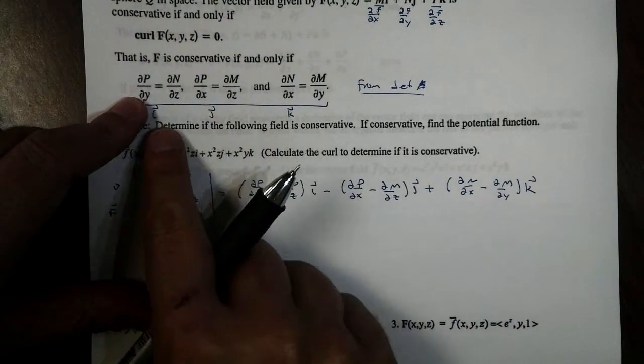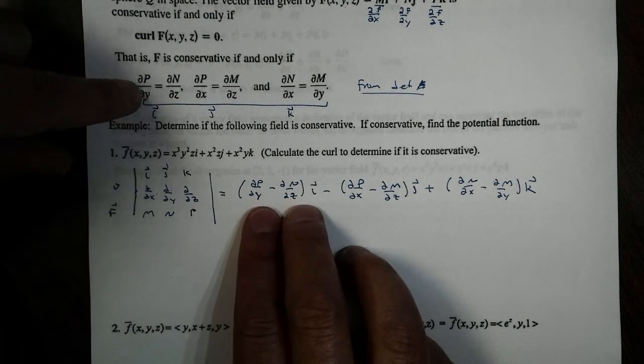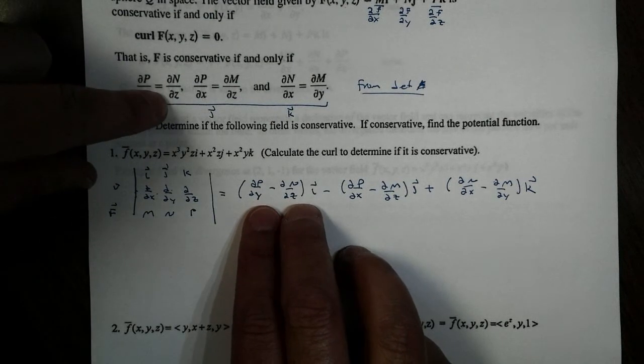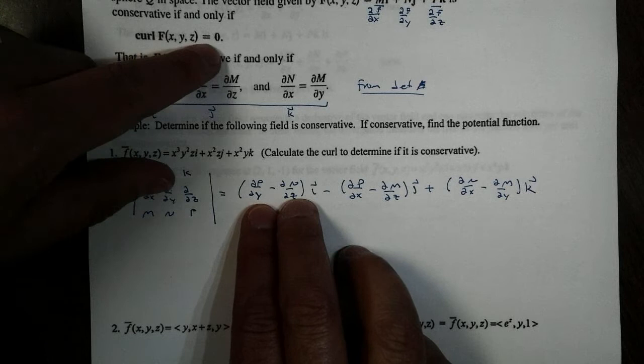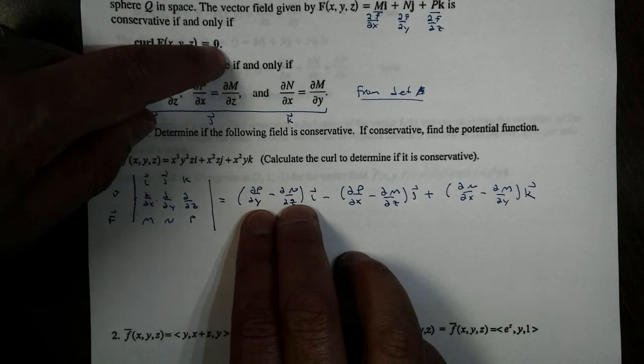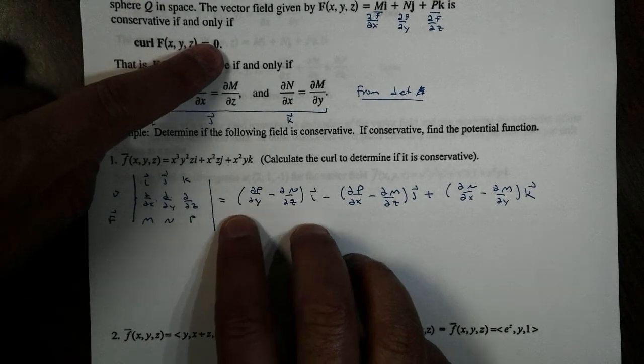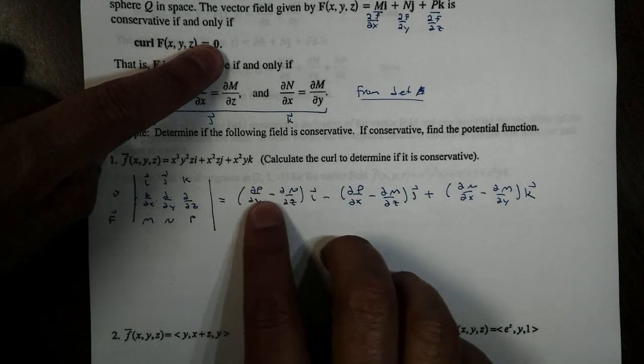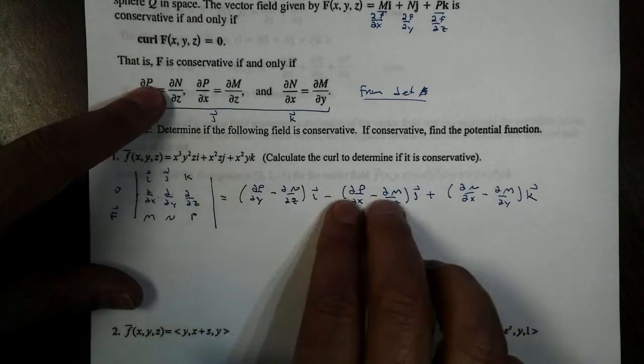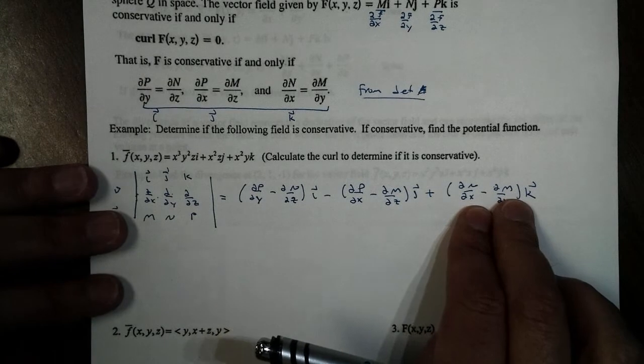And that's where these come from. These have to be equal. Partial of P with respect to y and partial of N with respect to z would be equal to each other. For this curl to be 0, or for it to be conservative, the differences would have to be 0, which means these would all have to be equal to each other. And that's what we're checking.